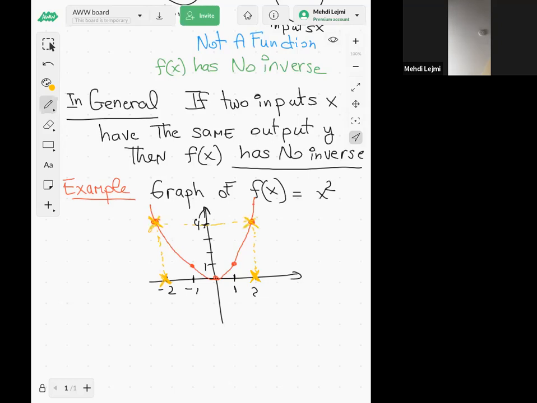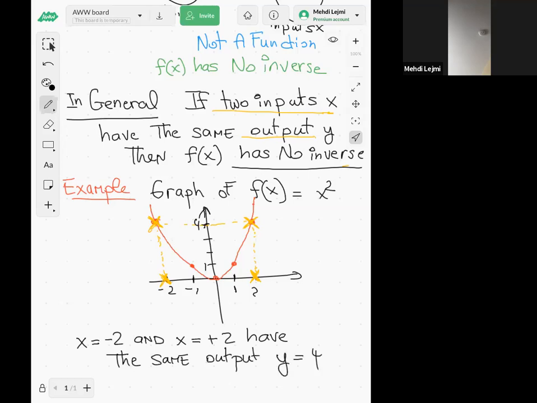So these two inputs, -2 and +2, have the same output y, which is 4.